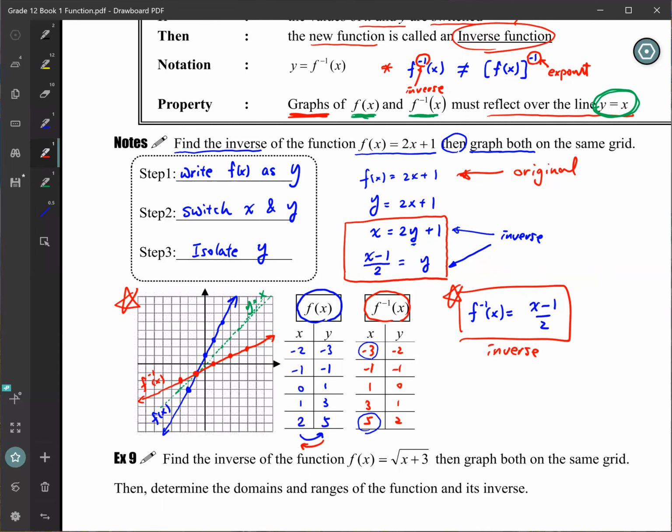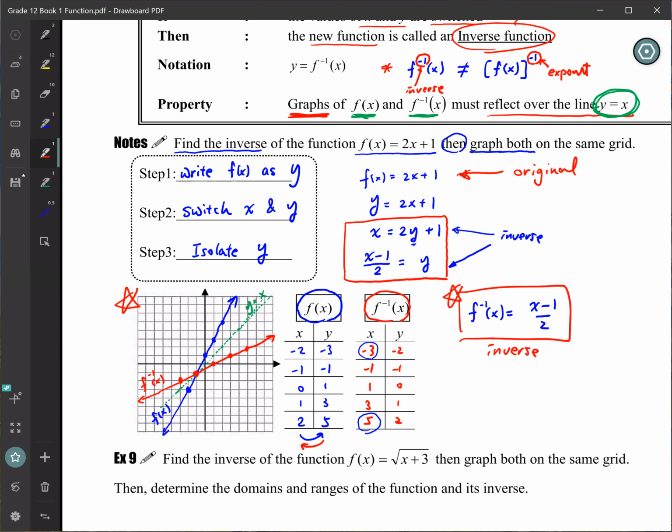Write f of x as y. Next one, switch x and y. Isolate y. Well, some of you are not speaking, I can tell from the mic. Okay, let's say one more time.